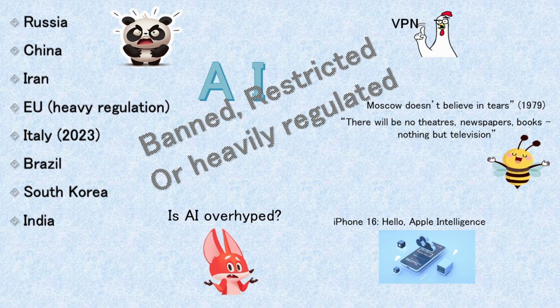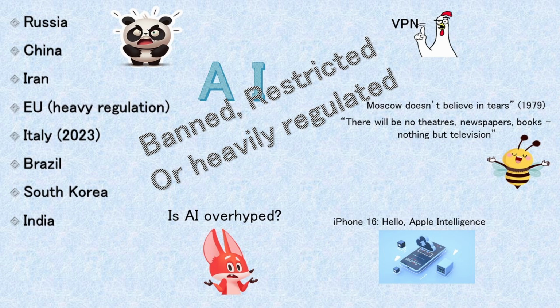I'd like to suggest another example that presents a different viewpoint. In 1979, a Soviet drama movie called Moscow Does Not Believe in Tears was released and won the Academy Award for Best Foreign Language Film in 1981. One of the main characters in the movie was extremely enthusiastic about the advancement of television and famously said, "There will be no theaters, newspapers, books, nothing but television."